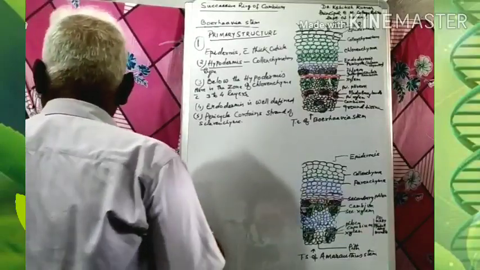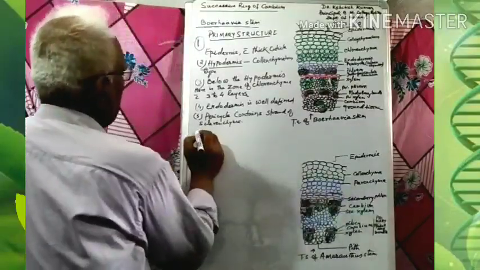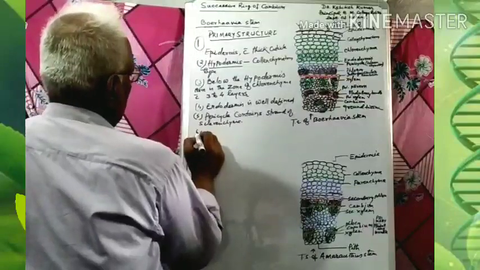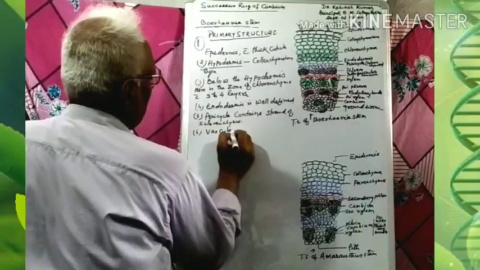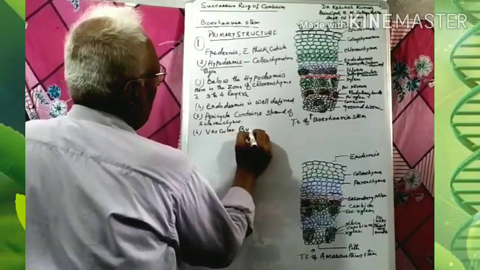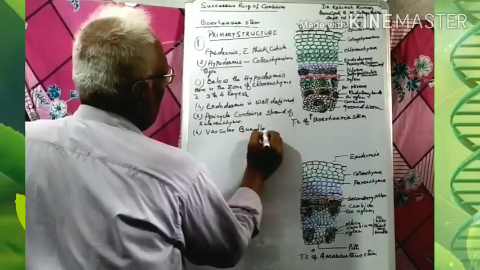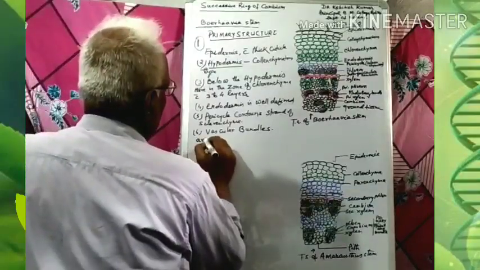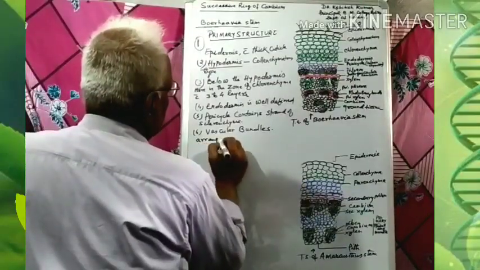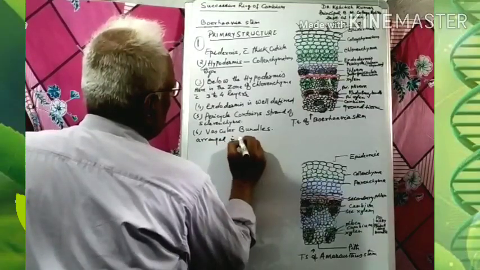The next is the vascular bundles. Vascular bundles are arranged in 3 rings.